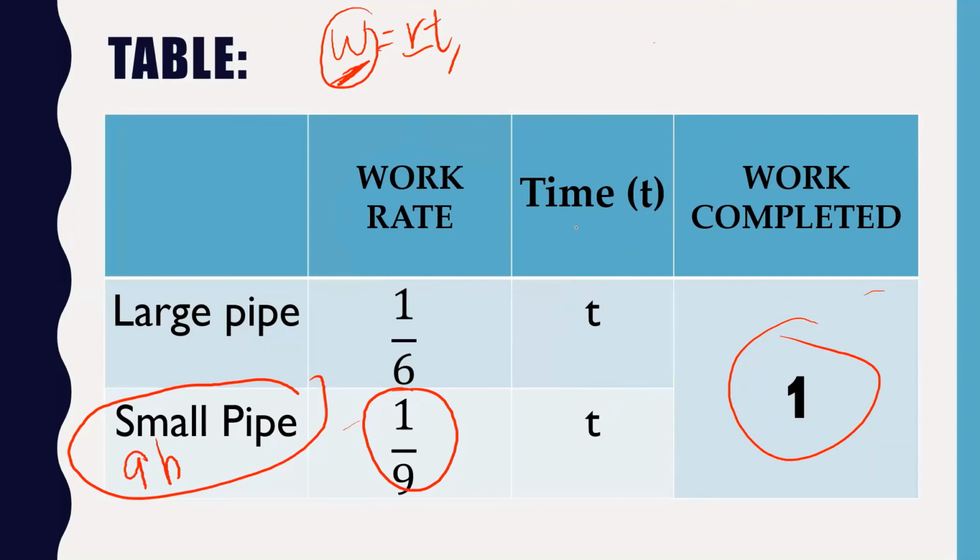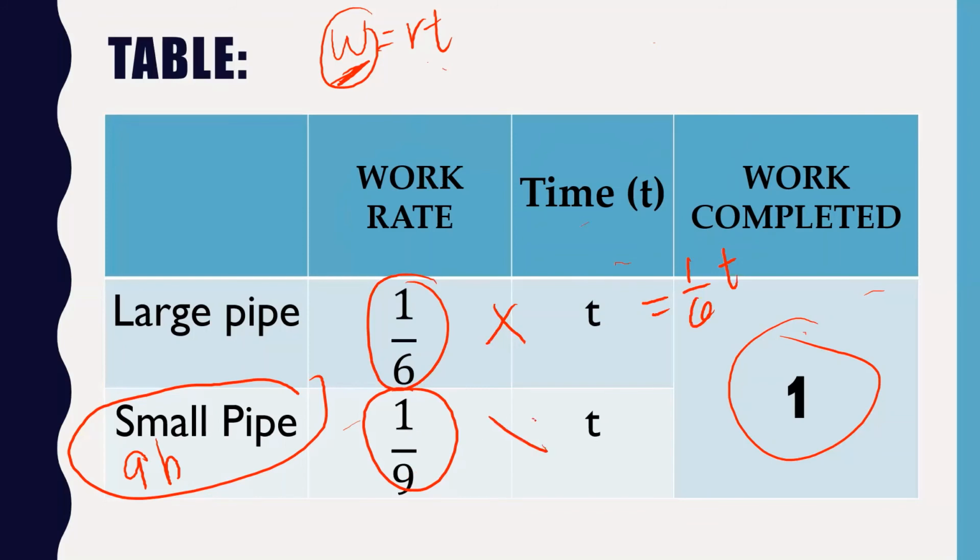So when we say how long that both pipes can empty the pool, that means we need to add. But remember, we're looking for the time. Since we're looking for the time to get the work completed, remember that we need to multiply rate and time. Okay? We need to multiply rate and time. Therefore, we have rate times t, that would give us 1/6 times t.